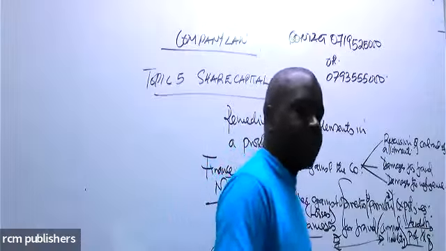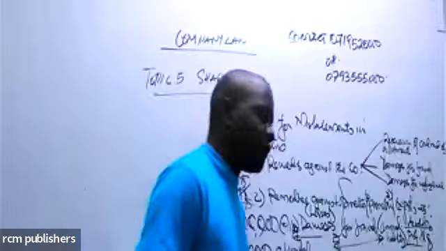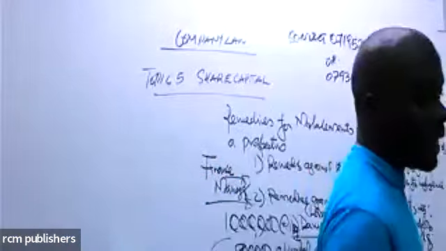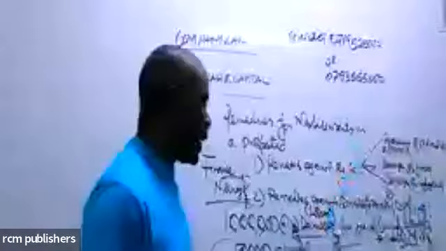So what the company can do in this case is ensure all shares are subscribed for. Therefore, the chance of having an under-subscription won't arise, and the company will be able to realize the target.